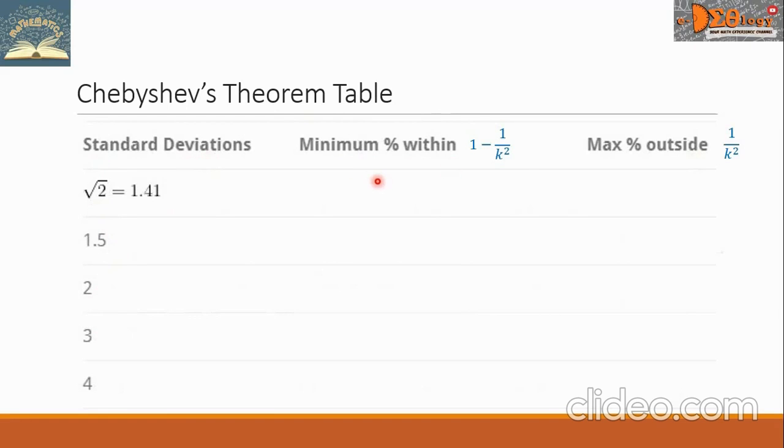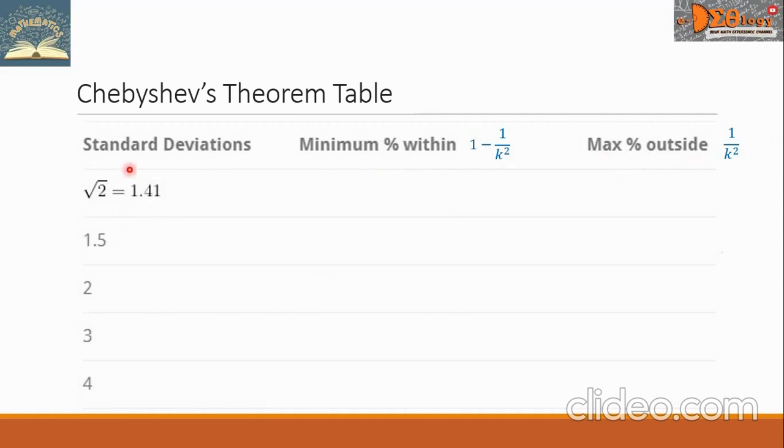The second column, we're going to use this formula to represent the minimum percent of observations within. The third column is for this formula, 1 over k squared. This represents the maximum percentage of data outside the standard deviations.